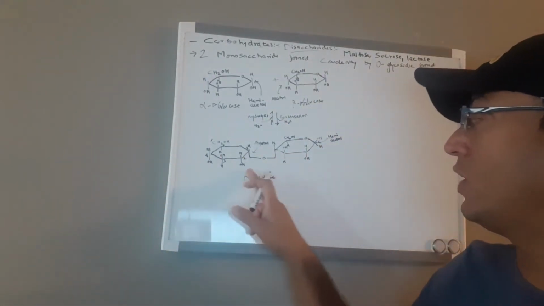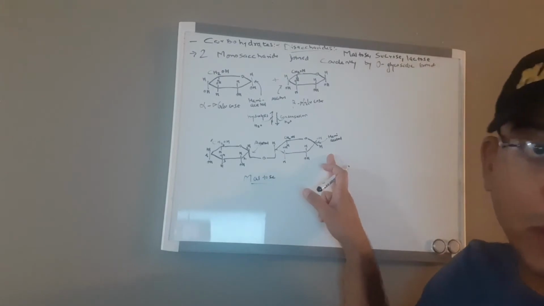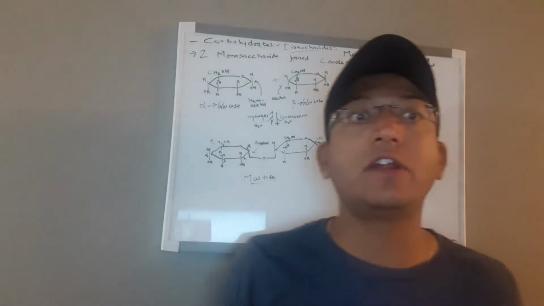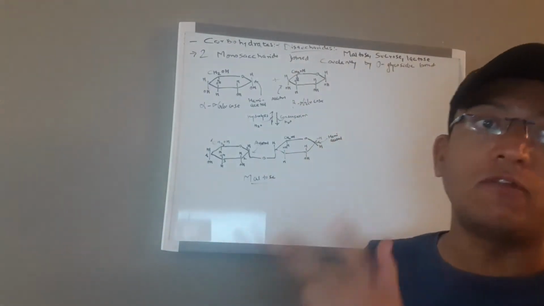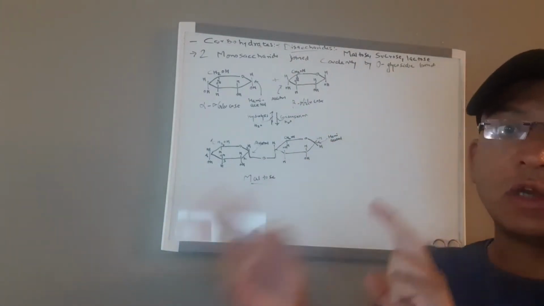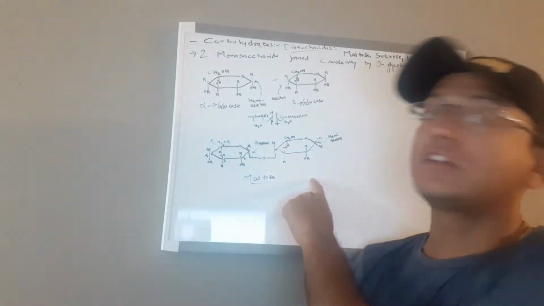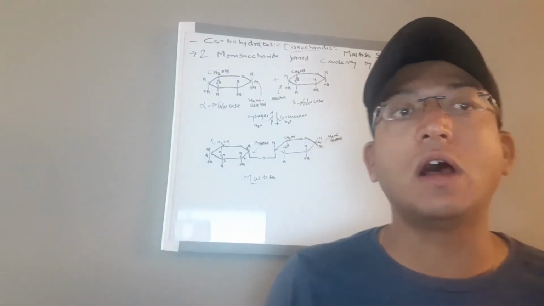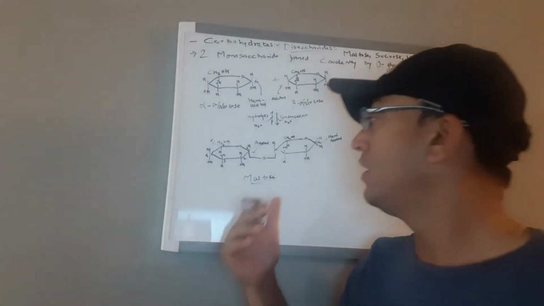Because mutarotation interconverts the alpha and beta forms of the hemiacetal, the bond at this position is sometimes depicted with a wavy line to indicate that the structure may be either alpha or beta, right?